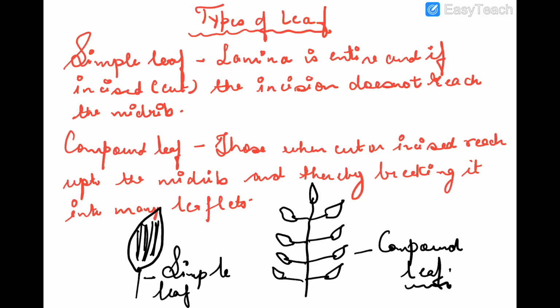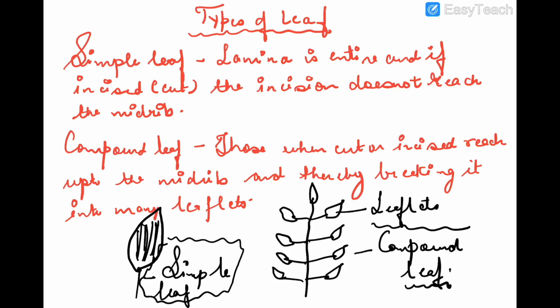So a leaf in which lamina is entire and if cut the incision does not reach the midrib is a simple leaf, whereas a leaf in which the lamina is not entire and if it is cut then it would be divided into a number of leaflets is known as a compound leaf.